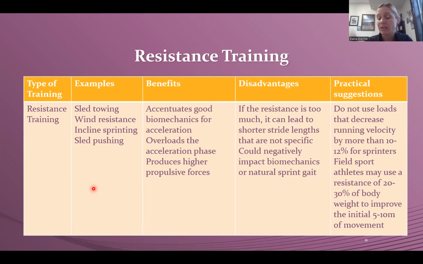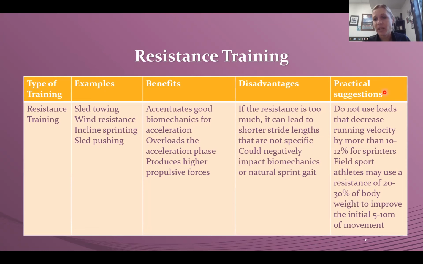There are other reasons why we would want to do those, but those are not going to help us become faster. Those are not going to help us with max velocity. We need less incline so that we can be closer to our true max velocity when doing them, so we don't lose that biomechanic impact, and we don't lose that specificity of movement speed.